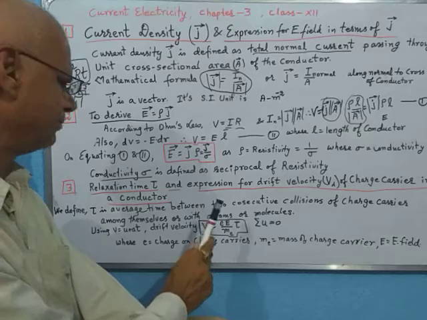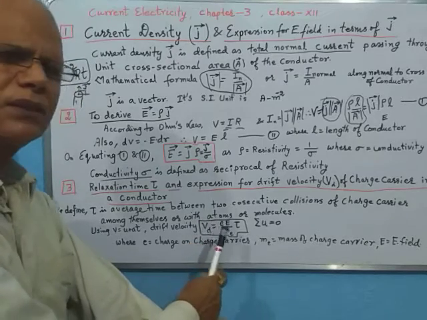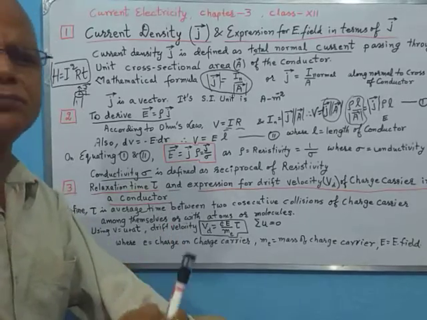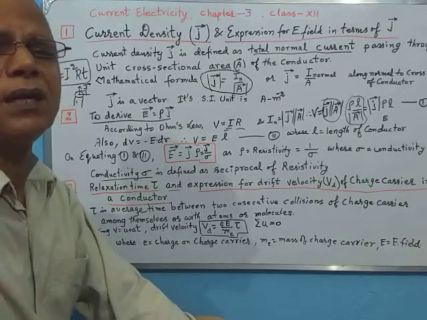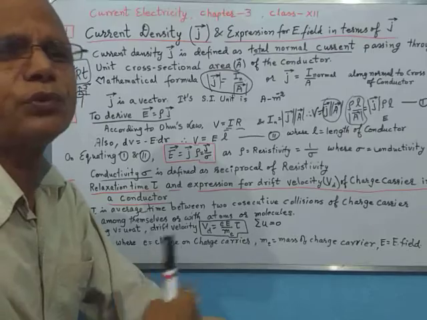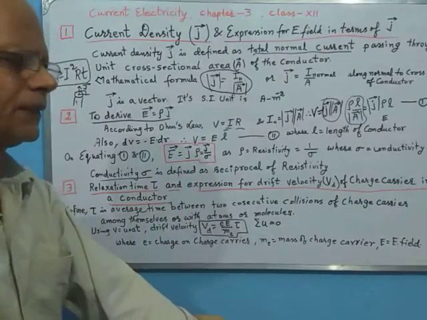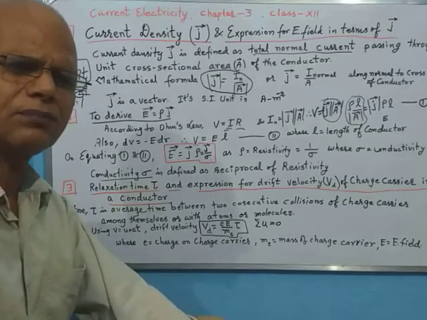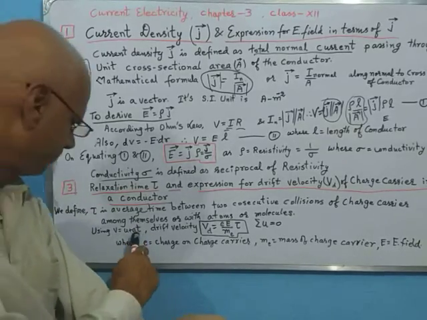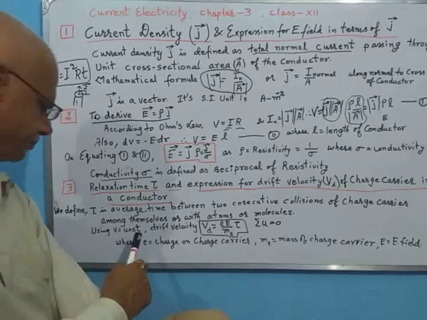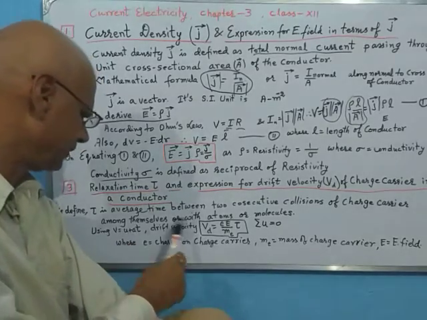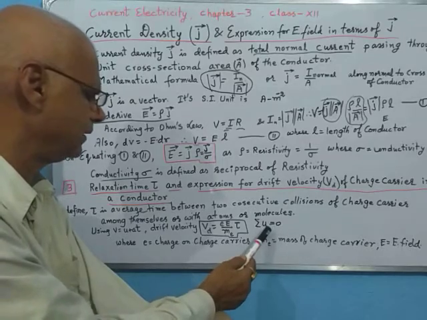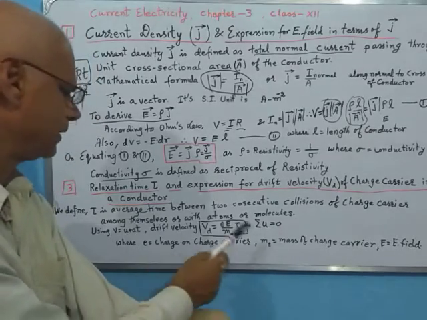Now we have to find the expression for drift velocity, meaning with what average speed the charge carriers move through the conductor. We know the equation of motion, v equals u plus at, and for that we take the sum of the initial velocities of the charge particles to be 0.